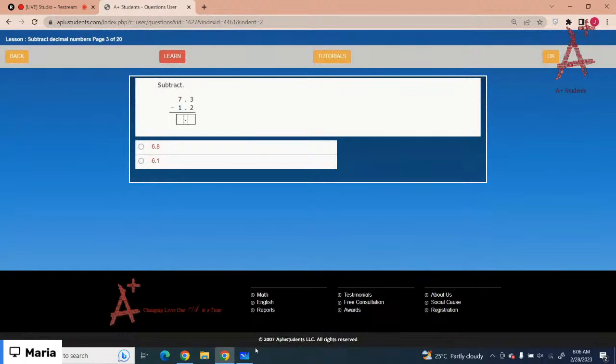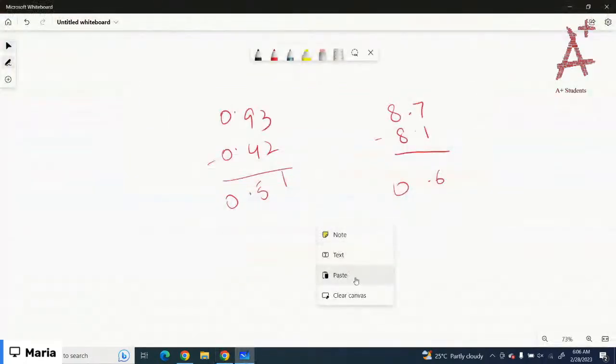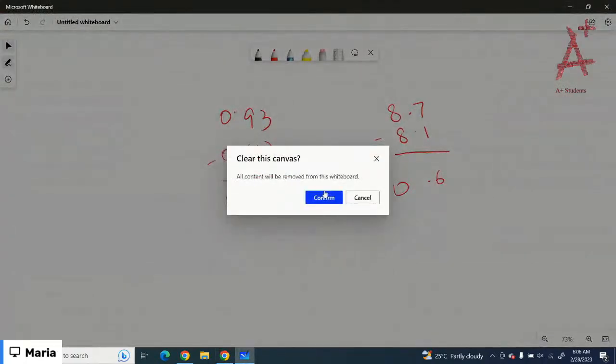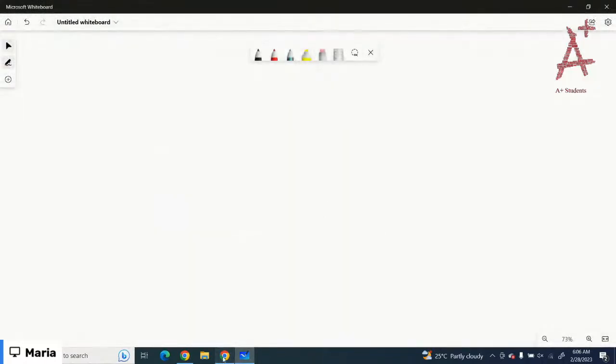The next one is 7.3 take away 1.2. Always start from the ones position.